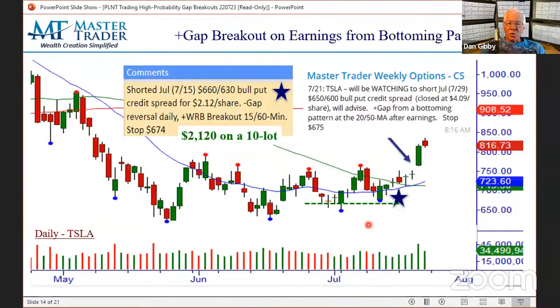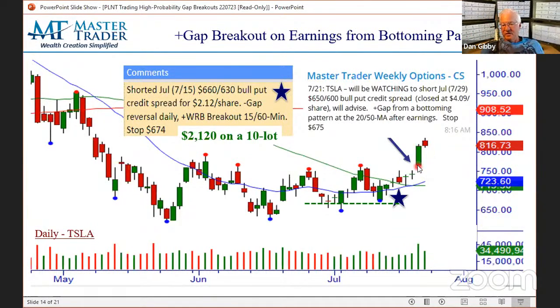We've been talking about gaps all day long, and I've been telling you about gap failures, and here's another one. This had a bearish gap down this particular day, and it filled the gap and closed with a little range expansion bar. The next day was an inside bar. That's when we sold. We sold a $30 wide put spread for $212 a share.